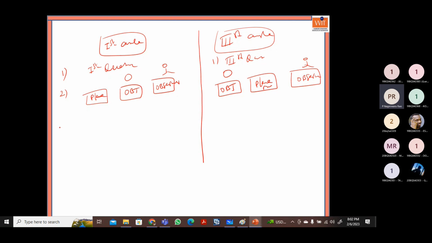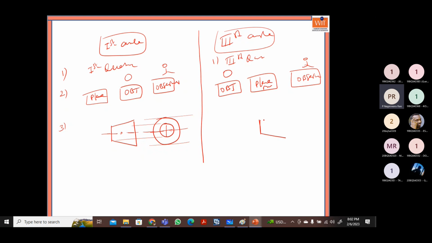And now the other thing is the symbols. So now this is the symbol for first angle projection. Whereas for third angle projection it will get reversed.